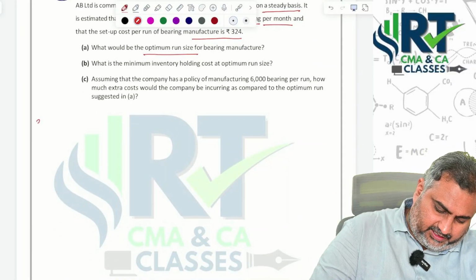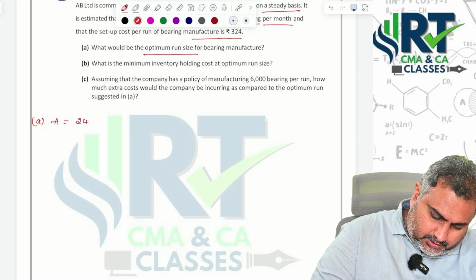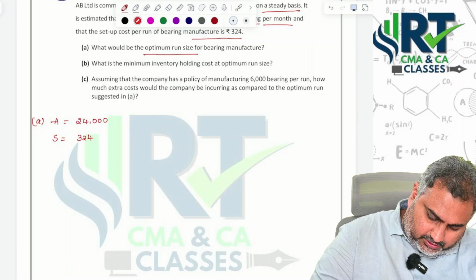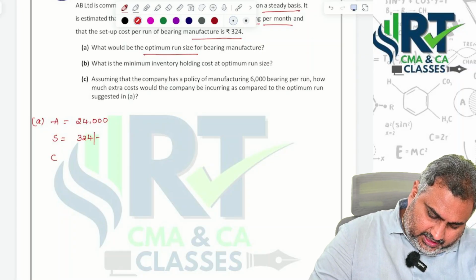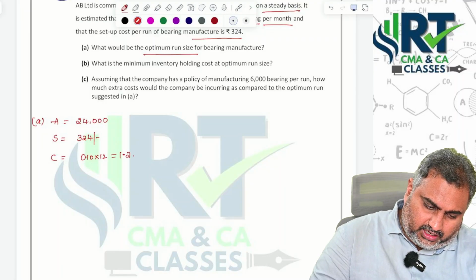So first bit will calculate annual demand equal to 24,000 bearings. Setup cost per batch equal to 324 rupees. Carrying cost equal to 10 paisa per month into 12, that is equal to 1.2.